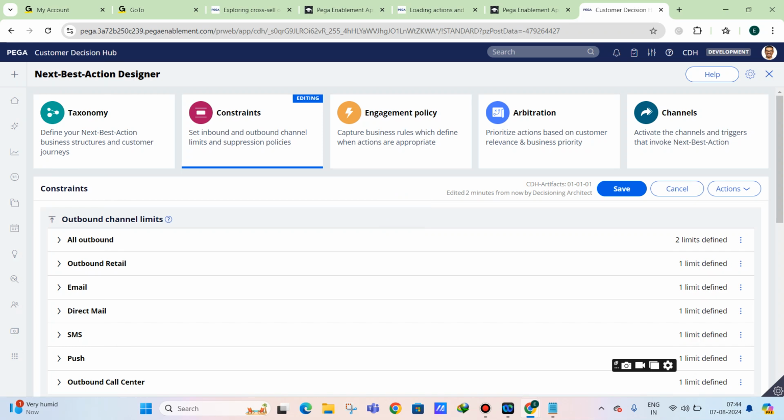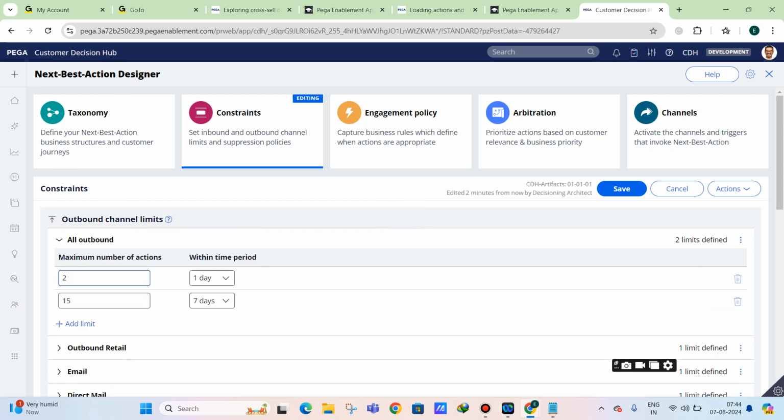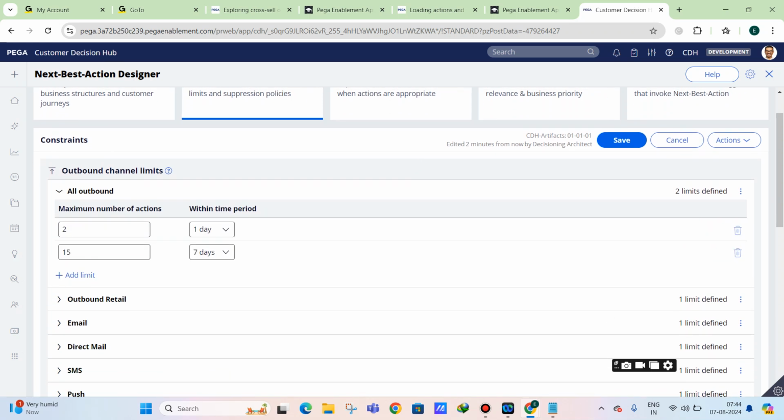For example, if you want all the outbound channels to follow a particular limit, you can click on edit and you can see I have here the maximum number of actions. So what is contact policy or outbound limits or contact limits? It's nothing but the maximum number of actions that can be sent to a given customer within a given time period.